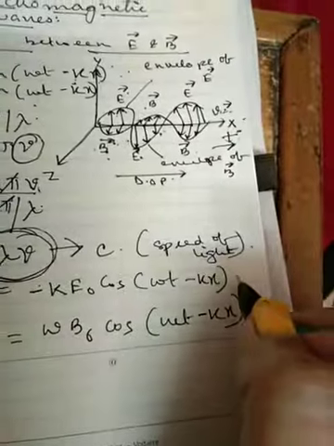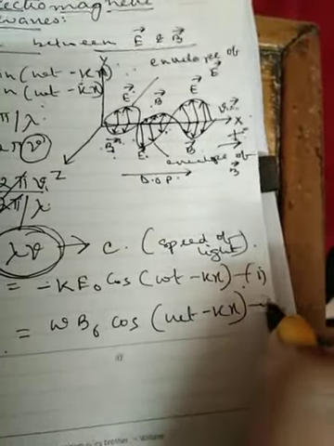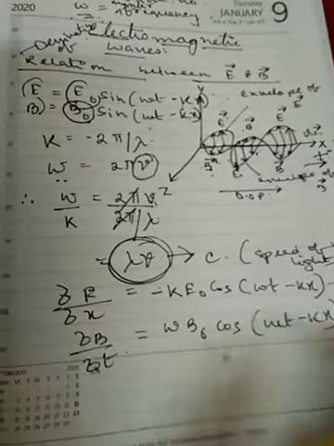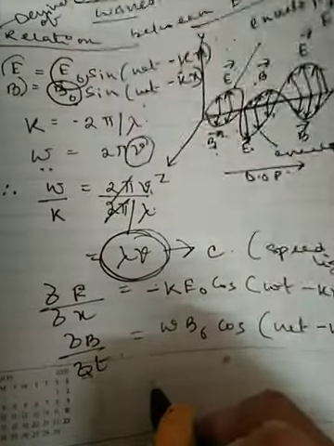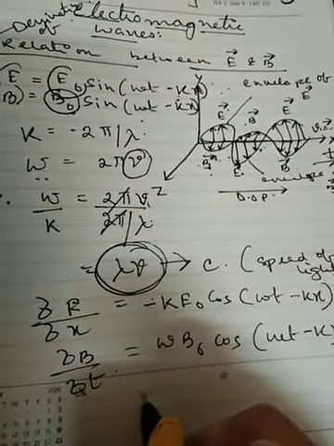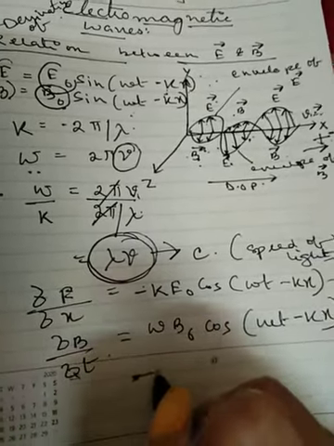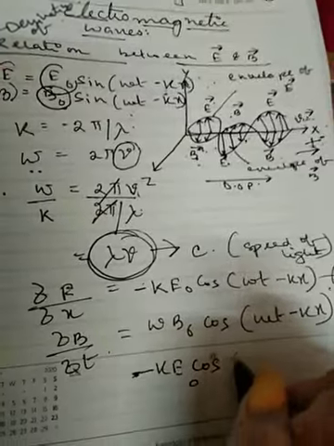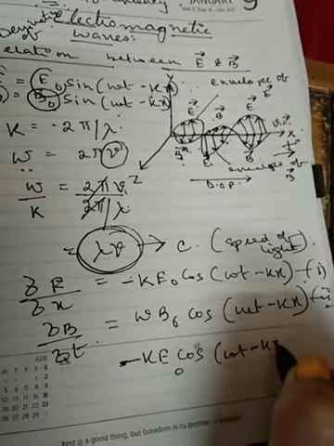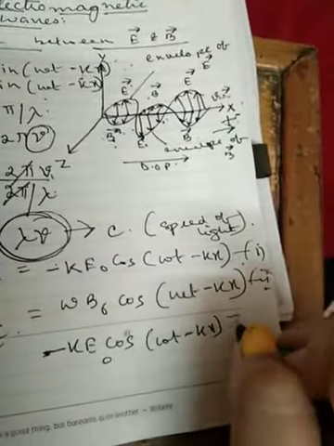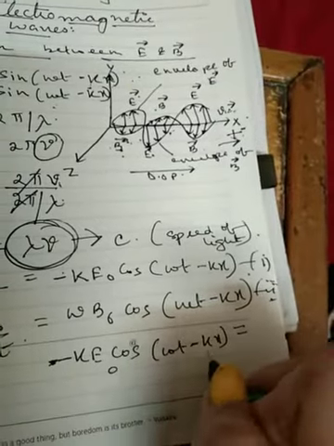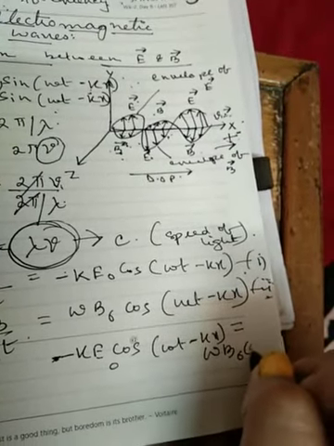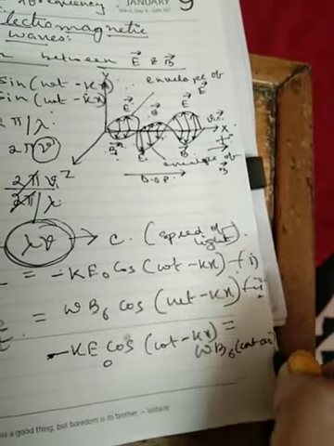I have got two equations. This is number 1. This is number 2. Now I just need to simplify these two in a shorter form. So what I do, I just make this simpler: minus k E0 cos(omega t minus kx), that is equation 1, is equal to omega B0 cos(omega t minus kx).